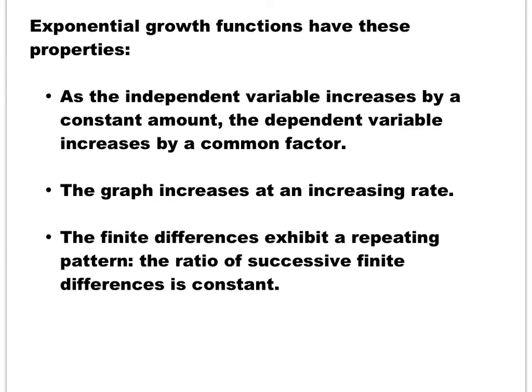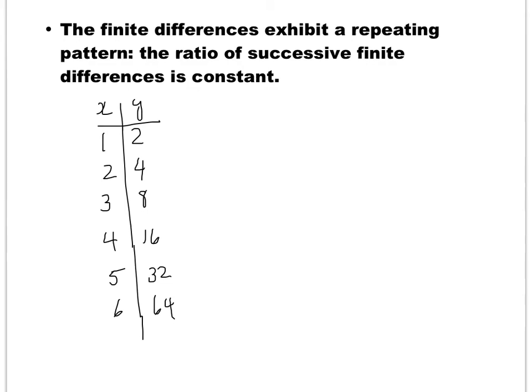I'm going to show you this observation for the previous example we did. Consider the following table of values. For x equal to 1, y is 2, x is 2, y is 4, and so forth, to x equal to 6, y is 64.